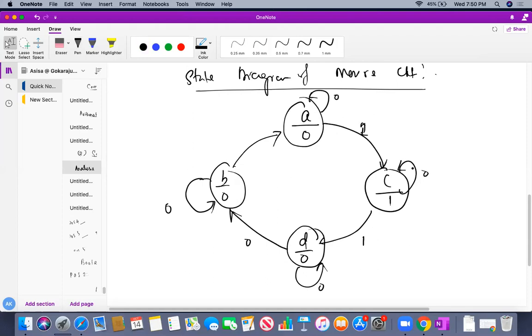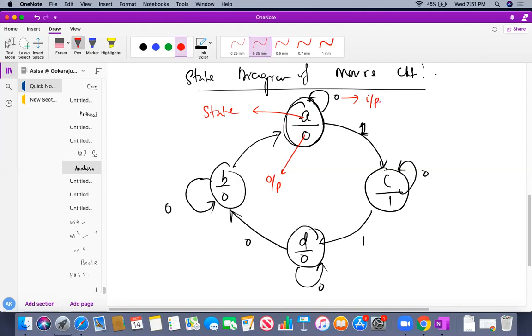So you just see here, this is how we can represent it. A, B, C, D are the four states of this flip flop. This red one is the output, and this A is called the state of the Moore circuit, and this 0 is called the input.